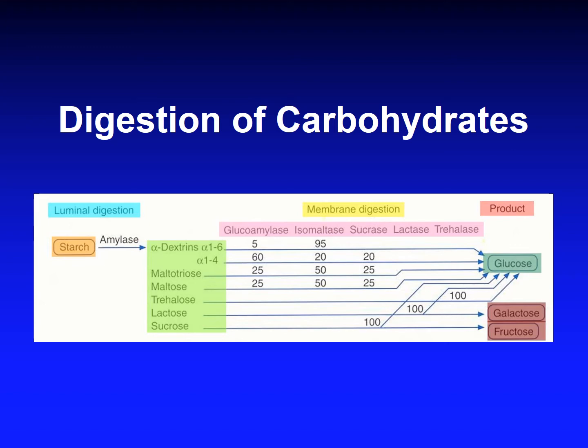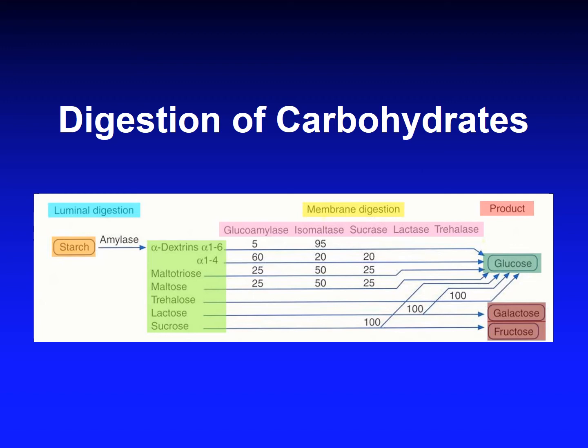Now, what do the numbers below it mean? I'll give you an example. If we go to the alpha dextrins, then 5% of the alpha dextrins are digested at the membrane level by glucoamylase and 95% by isomaltase. The end product, as the arrow is pointing, is glucose.